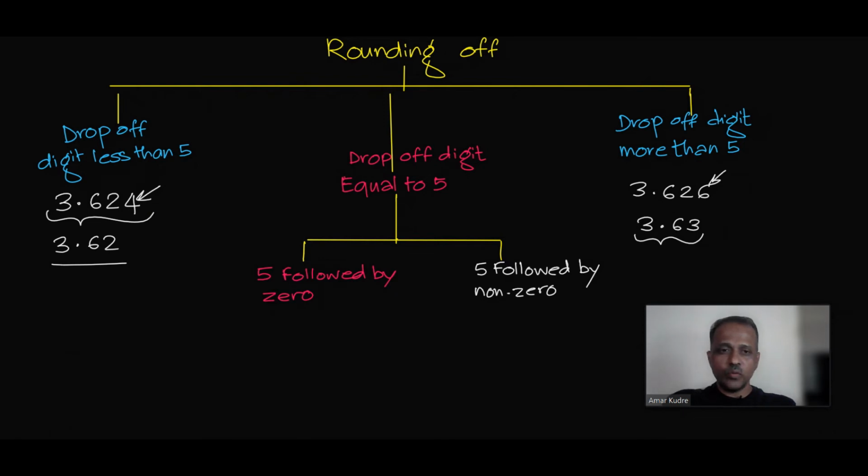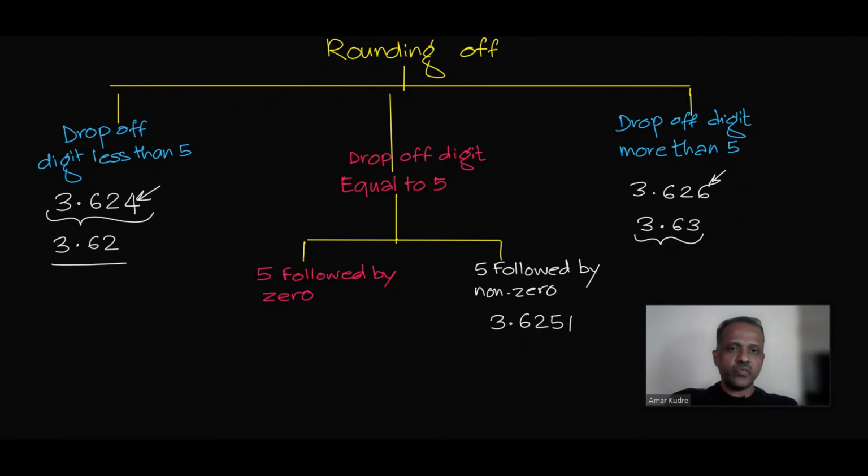Now the real question comes when we have to drop a digit which is equal to 5. Supposing we do not consider 5 followed by 0, but a number in which 5 is followed by a non-zero digit. We consider the same example, 3.6251, and we have to round this number to 2 decimal places.